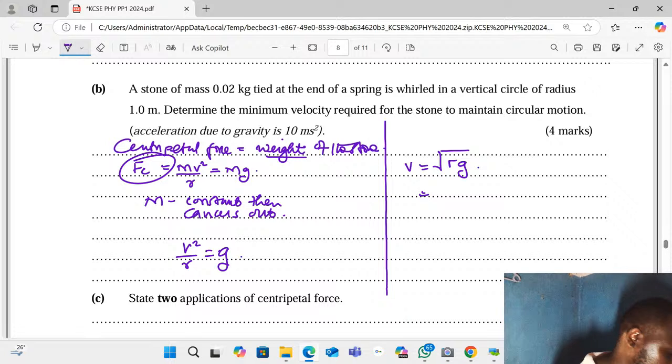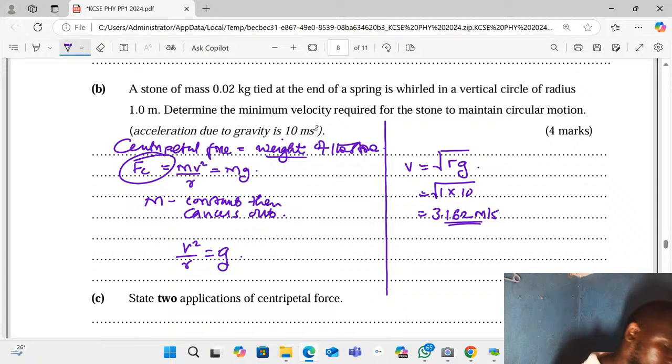The radius here was 1, times 10, then the square root gives 3.162 meters per second. That becomes the minimum speed.